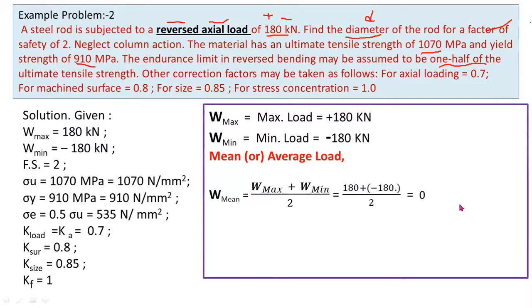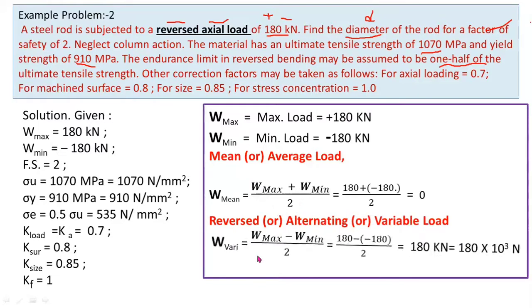And variable load, W variable, equal to maximum minus minimum by 2, equal to 180 minus of minus 180, by 2, equal to 180 kilonewtons, that is 180 into 10 power 3 newtons. So mean load is 0, variable load is 180 kilonewtons.